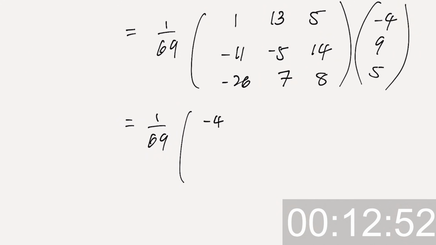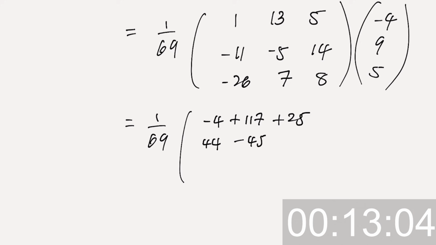Okay, so this would be x. Let's just do the 1 over 69. And then we've got first row, first column. So that's minus 4. 9 lots of 13 is plus 117, plus 25. Then we've got 44 minus 45 plus 70.